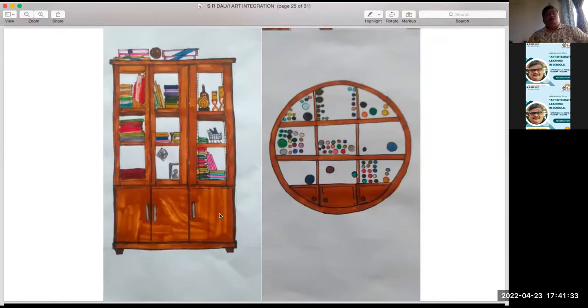I asked them to draw a cupboard, or rather a bookshelf, or a book cupboard, where other things are also kept, to draw it as it appears, and also to represent it as visual data.